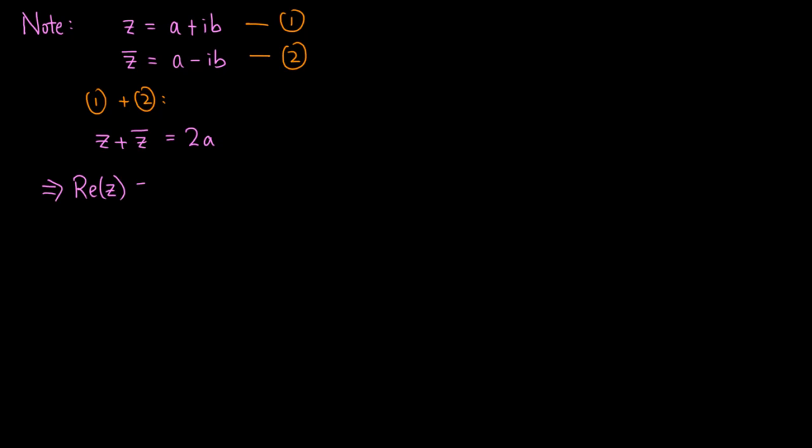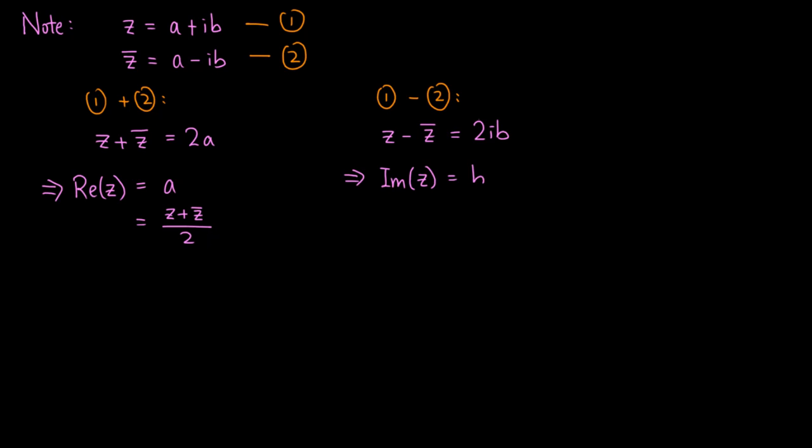So the real part of z, namely a, is equal to (z + z̄)/2. On the other hand, we may subtract equation 2 from 1 to get z - z̄ = 2ib. So the imaginary part of z, namely b, is equal to (z - z̄)/2i.